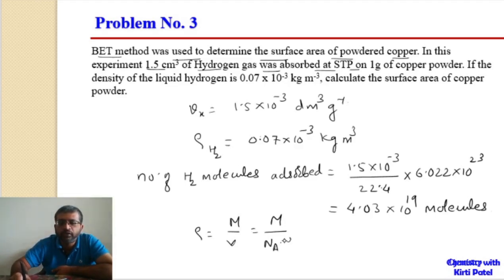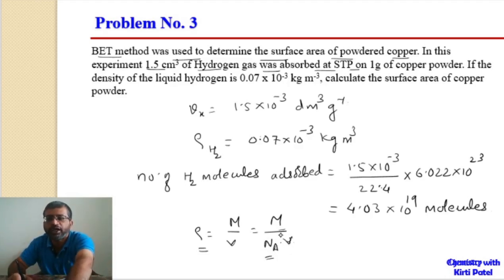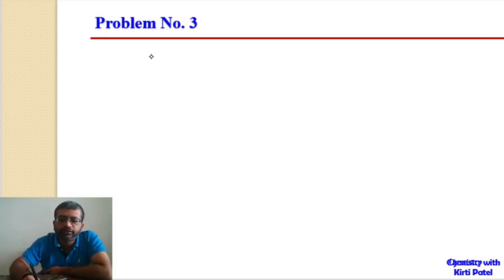So we have been provided density, and we can calculate the volume of each of the gas molecules from this particular formula. We have density, molecular mass and Na, so we can calculate the volume of each of the hydrogen molecules.